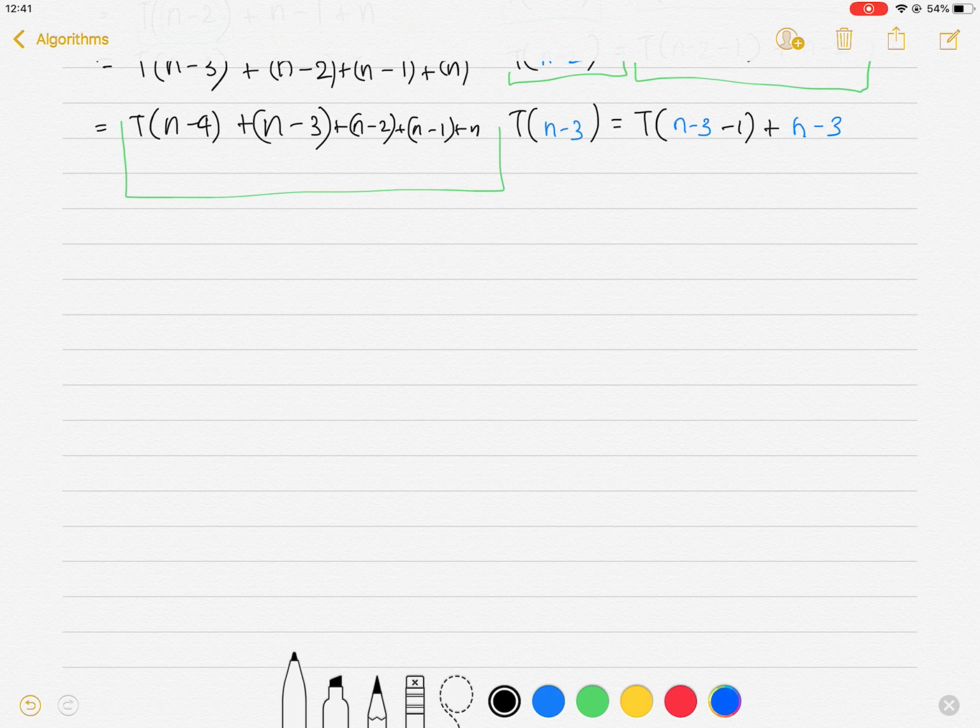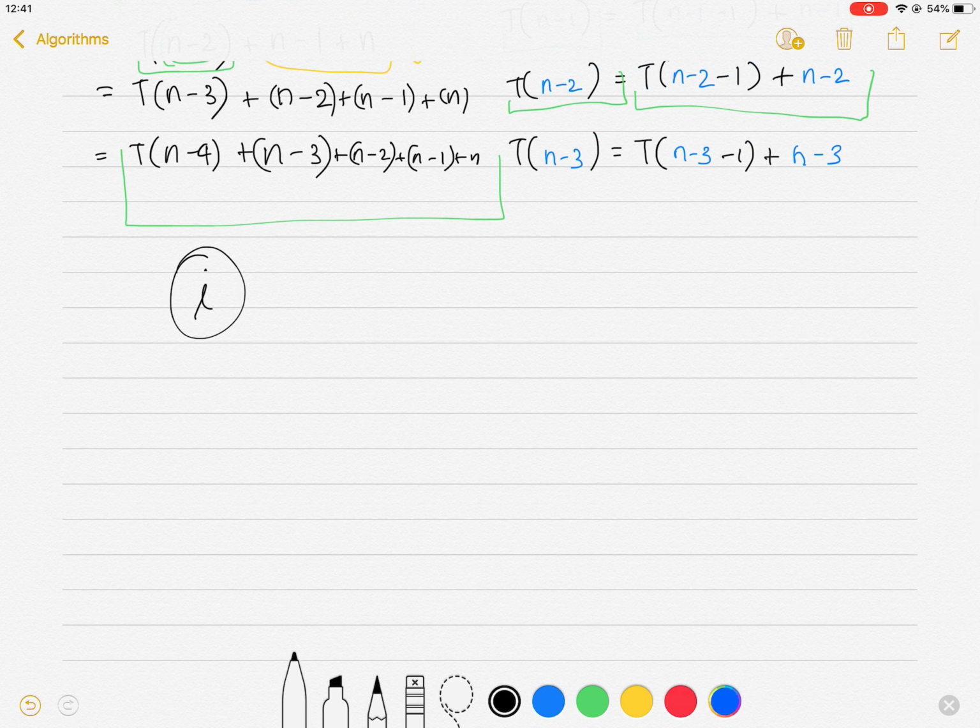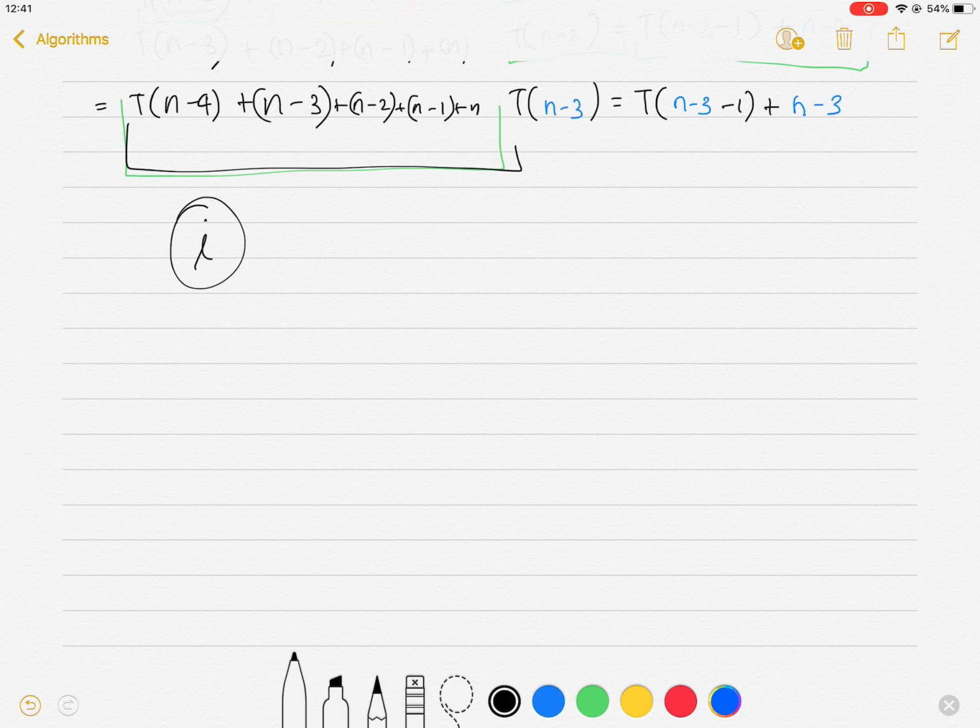We'll just say that it stops at some point i. If we rewrite this recursion using i, we can say that this recursive function stops at n minus i. What's before n minus i? Well, it's just i minus 1, so plus n minus i minus 1.